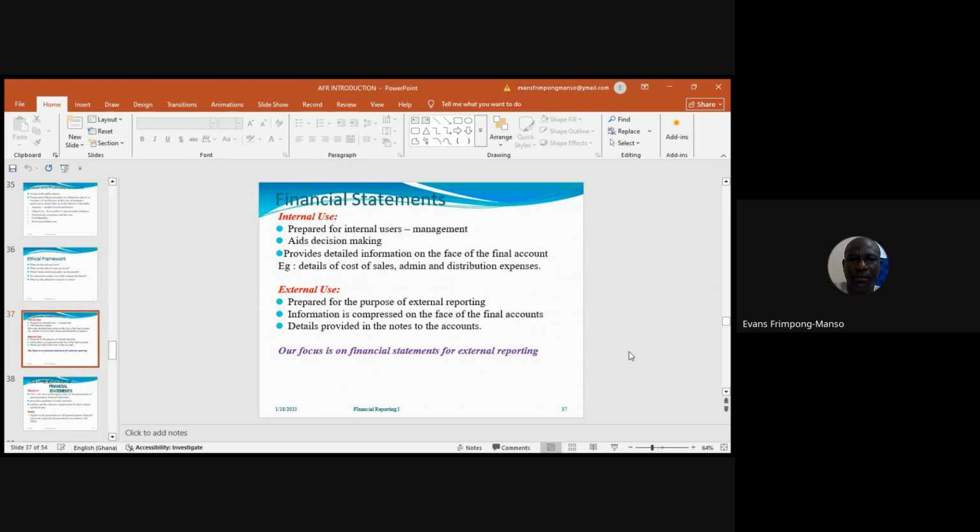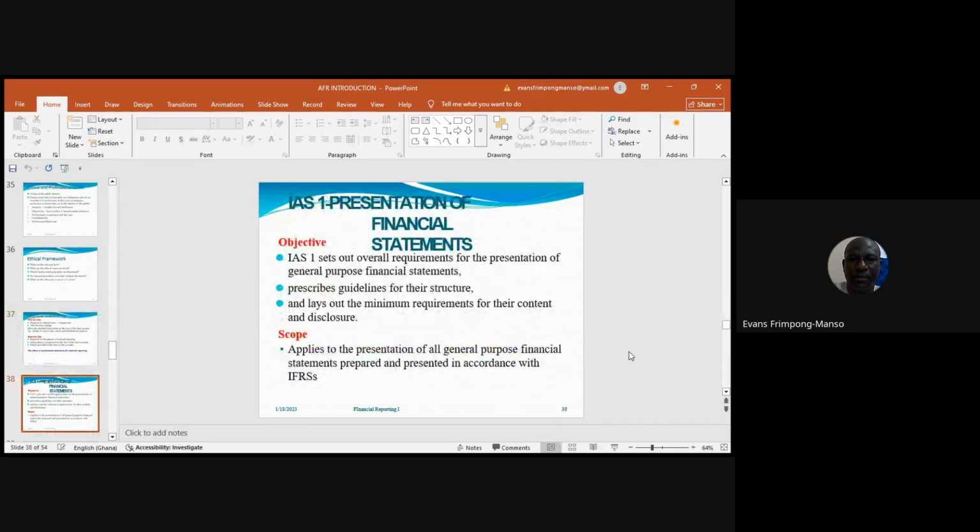The law or the standard that governs how you present financial statements is found in the International Accounting Standard number 1, IAS number 1.